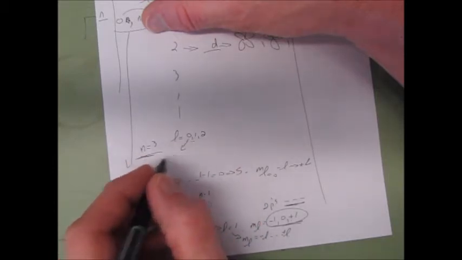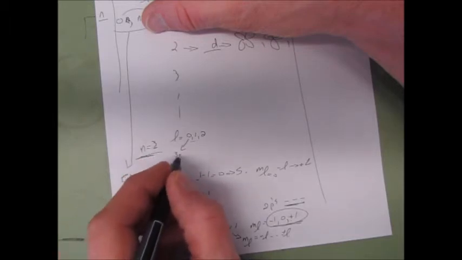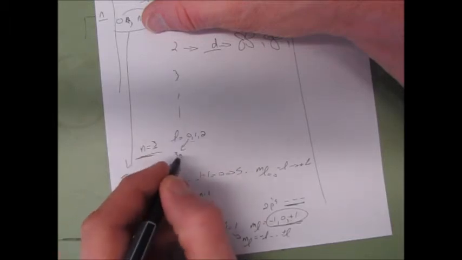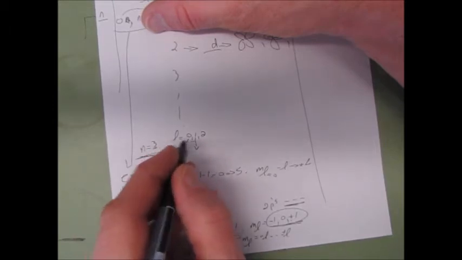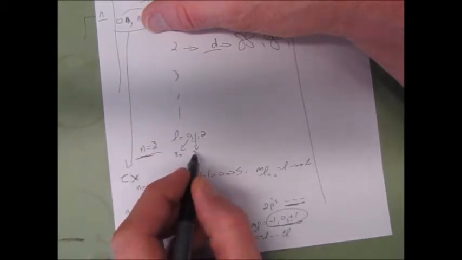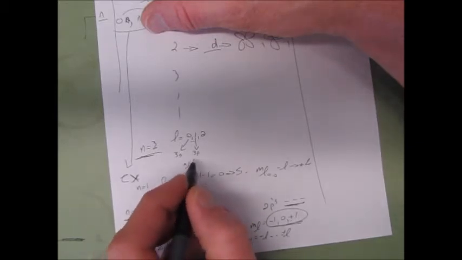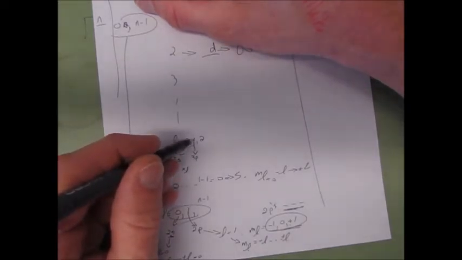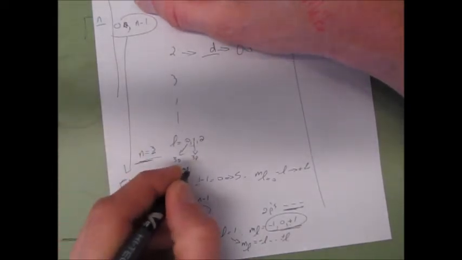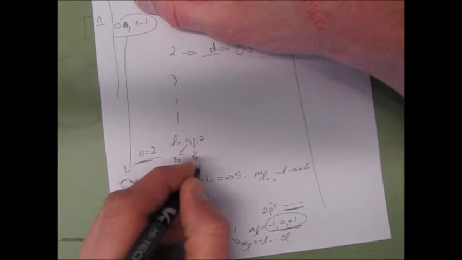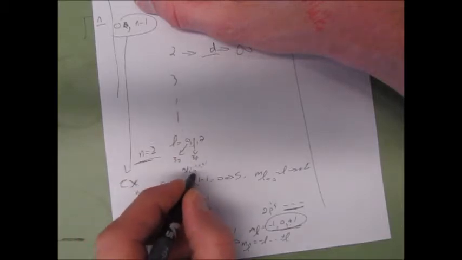If it's a 0, it would be a 3s orbital, because the 0 L means s. The principal number goes here. If you're talking about L equals 1, we already know that you're talking about a 3p type of orbital. The ML number takes on negative L to positive L, so it goes negative 1, 0, plus 1. So that means you're going to have 3 p orbitals.